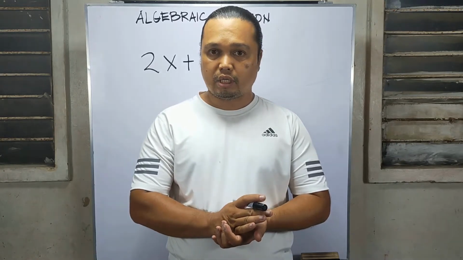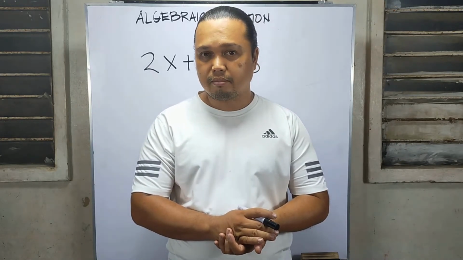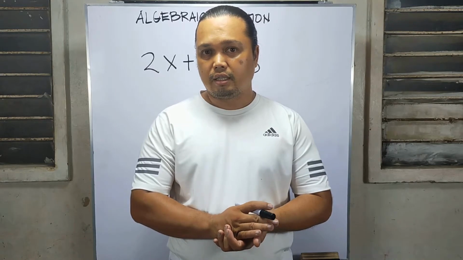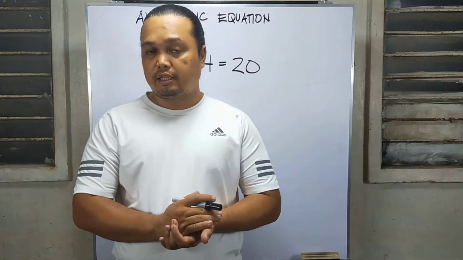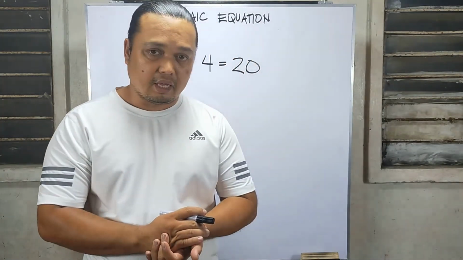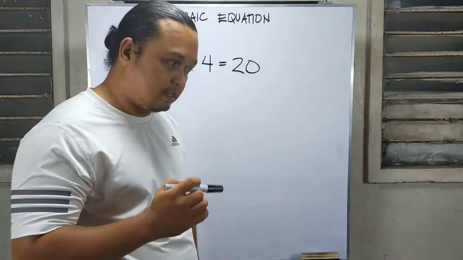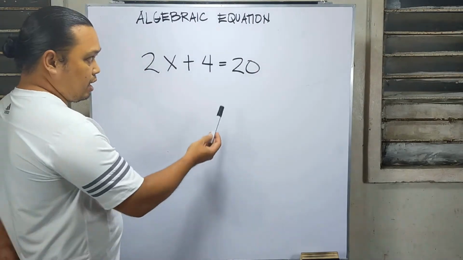This time we are going to pick up algebraic equation. This lesson is our continuation from our previous lesson, that is algebraic expression. The only difference is the equal sign.